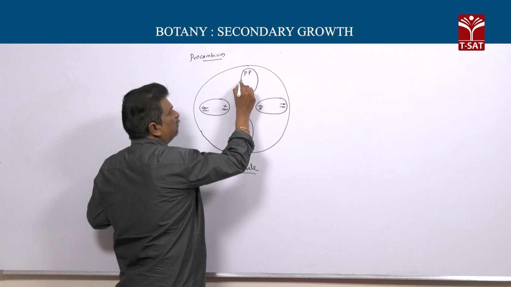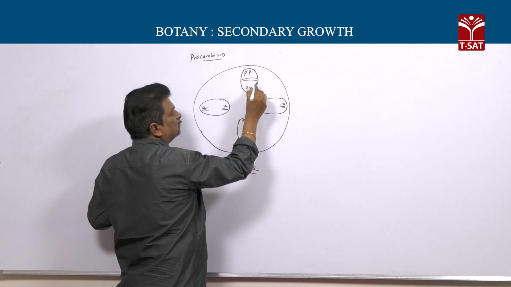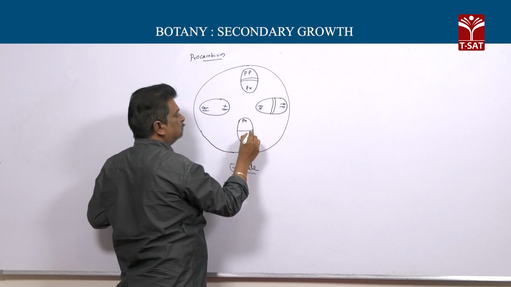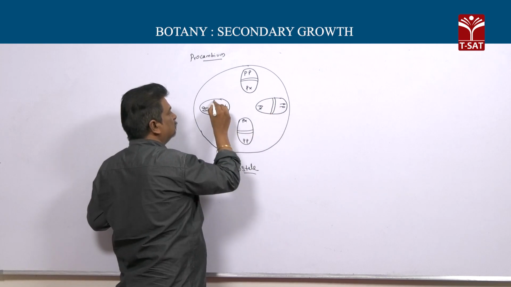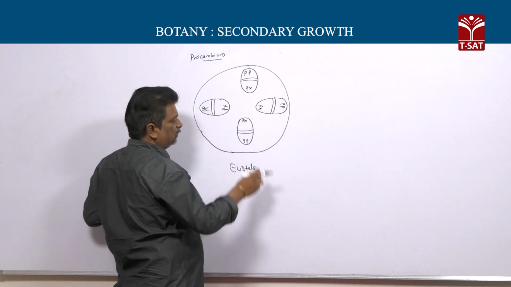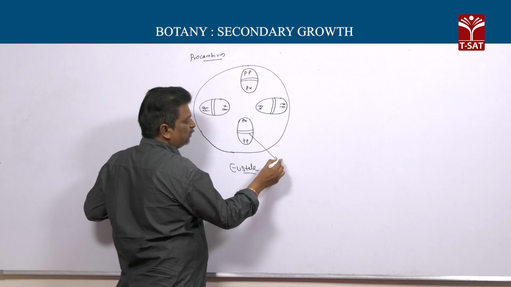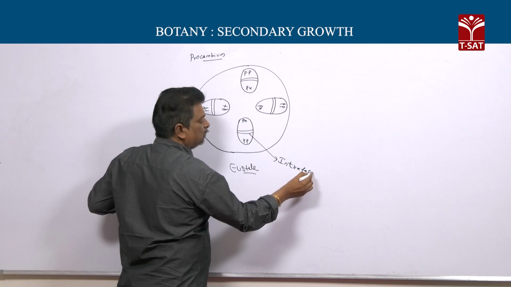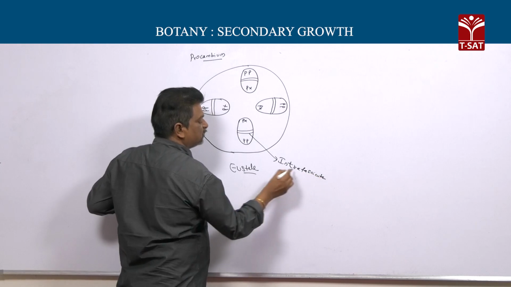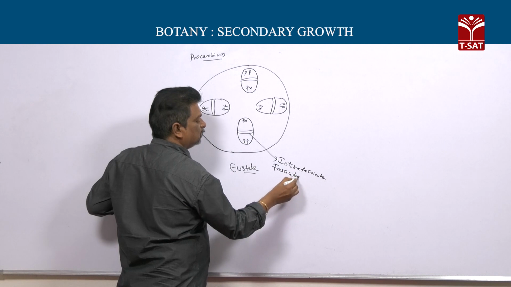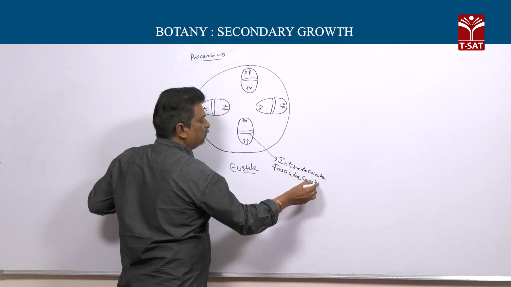After formation of primary vascular tissues, some amount of procambium persists in between the primary xylem and phloem. That is called intrafascicular, or it is called fascicular cambium.